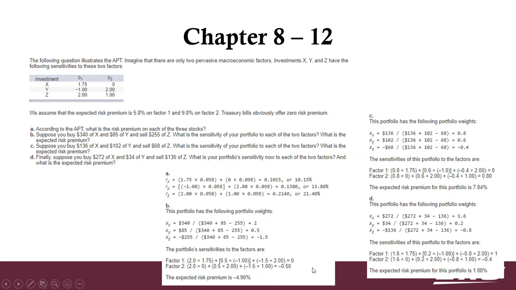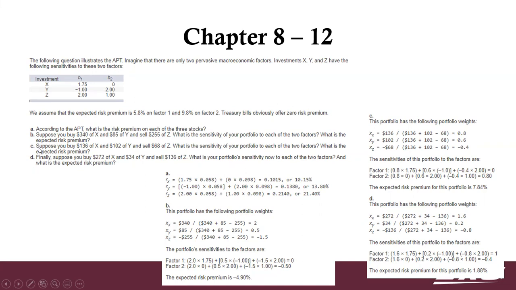And then the expected risk premium is less sensitive there on factor 2. And so the half of the 9.8%, or negative half, minus 0.5, gives us our minus 4.9%.